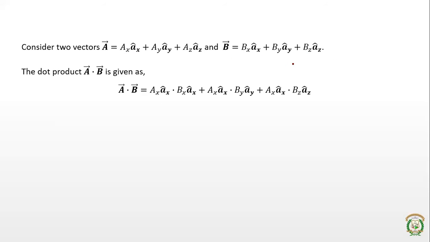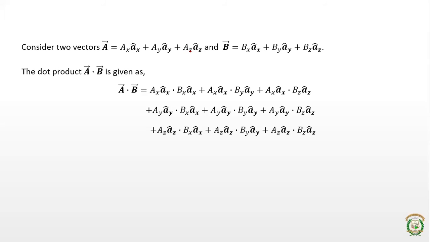So this is not completed, right? Next we have the next term in a, ay. So ay dot bx plus ay dot by plus ay dot bz. There is another term in a, that is the z component, az dot bx plus az dot by plus az dot bz.